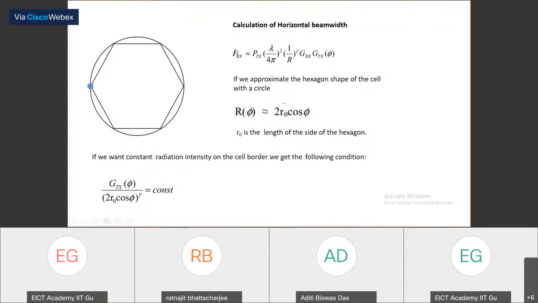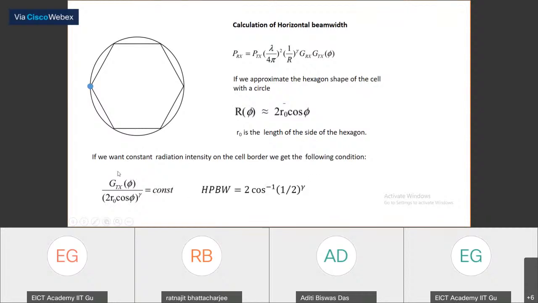So this Prx can be made constant provided Gtx phi by r to the power gamma can be made constant. And that means Gtx phi by 2 r0 cos phi raised to the power gamma is constant.